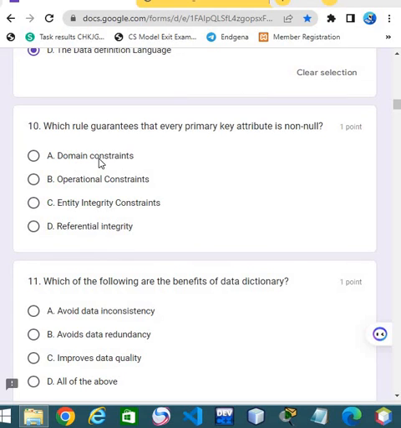constraints የሚለውን ነገር እናያለን። domain constraints የምንለው is a rule or restriction applied to the values allowed in the attribute within a database.